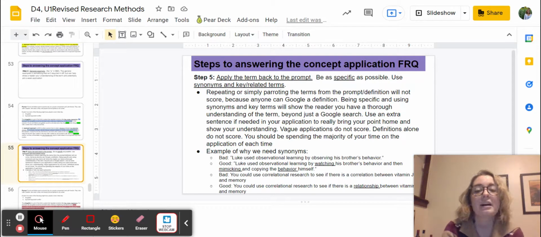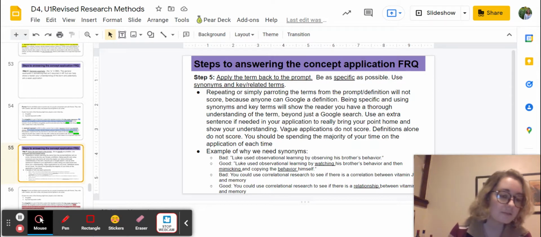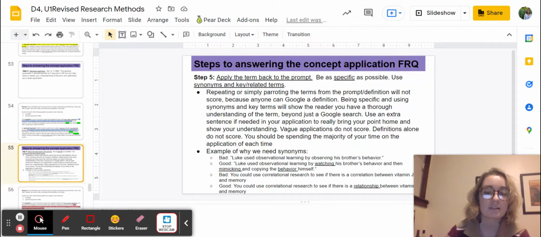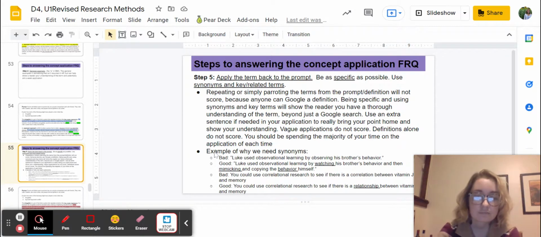Then you're going to apply back to the term. Make sure you're not simply parroting the terms from the prompt or definition, because that's not going to score. You need to be really specific and use synonyms of the definition, so you can show the reader that you clearly understand beyond just a Google search. Here are some examples of why we need synonyms.